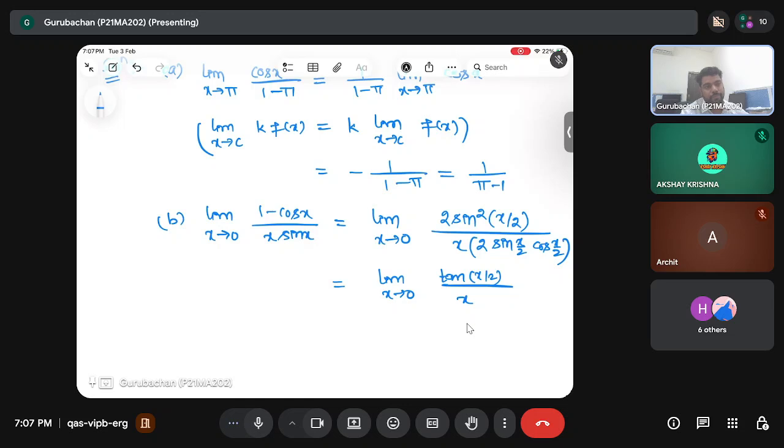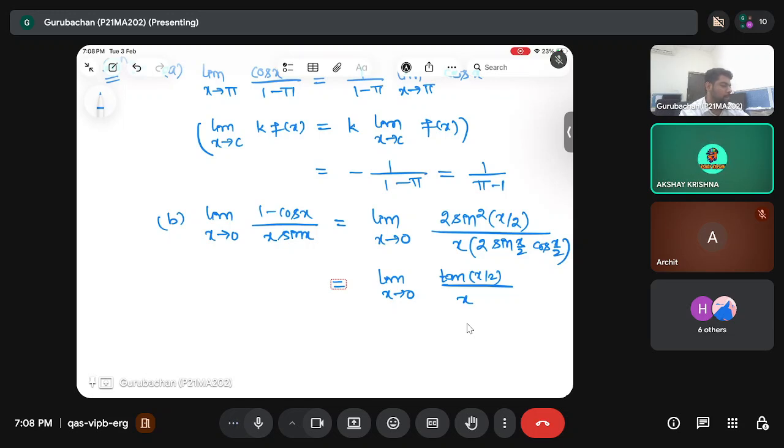Correct? Yes, sir. Now check, is it again the 0 by 0 form? Again the numerator is 0 and the denominator is also 0. Yes, sir. So now what will you do? X divided by 2 into 2. Okay, then the identity tan x by 2 by x by 2 is 1. Why?